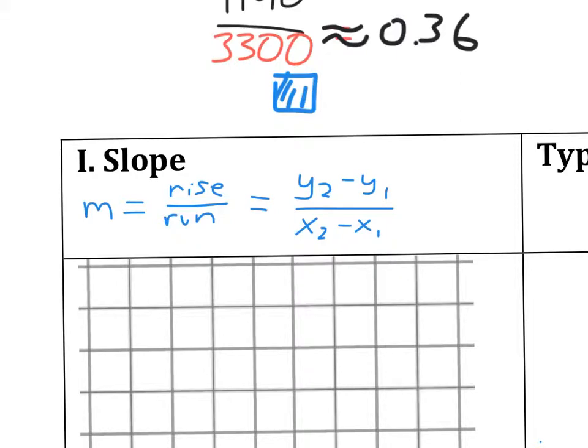Later on in your mathematical career, you're going to see this as delta y over delta x. Delta is the Greek letter for the letter D, and it simply means change. This is the change in y over the change in x. How much does y change versus how much does x change? This is the primary one you're going to use when you are given the points.